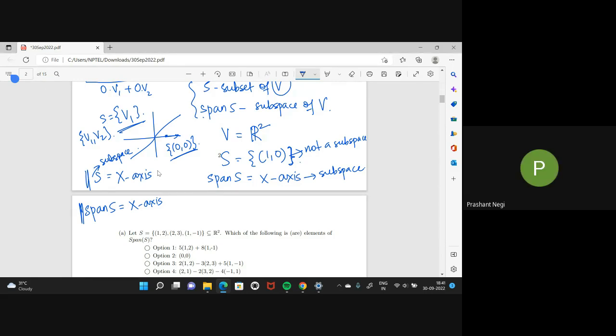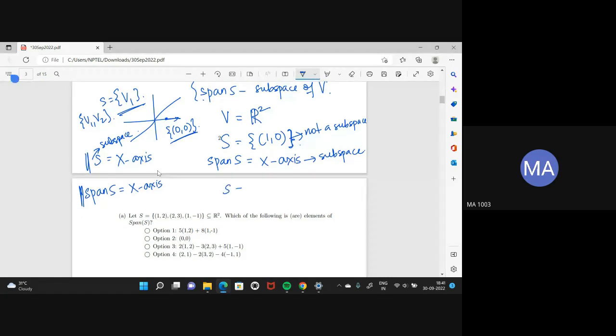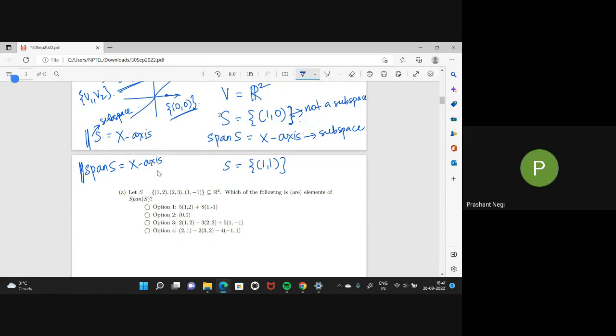Okay. What is the span of (1, 1)? Just this element. A plane in x, y? No, a line, y equal to x, going through the origin. Span means you're taking all possible linear combinations.